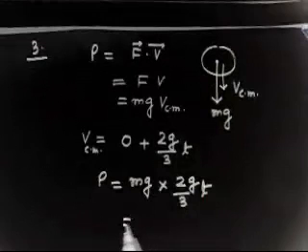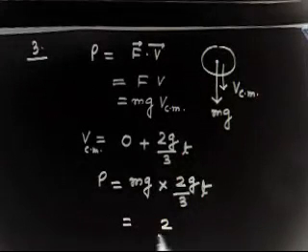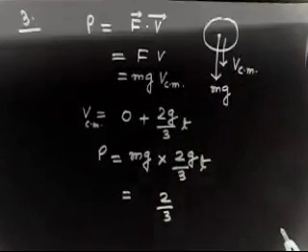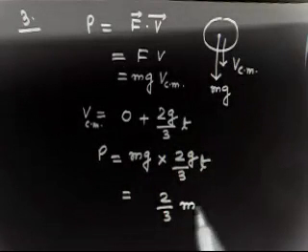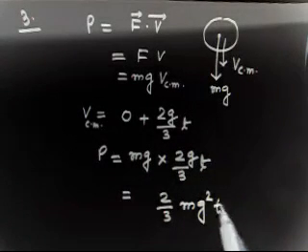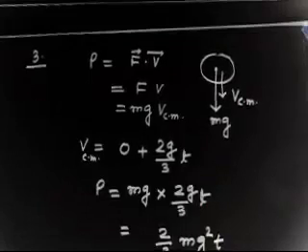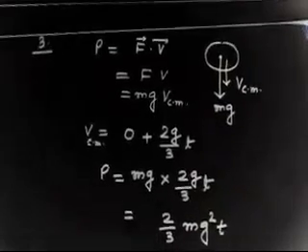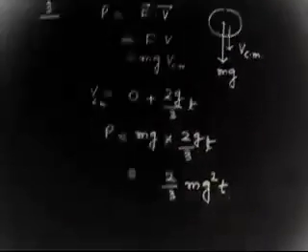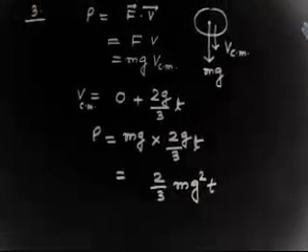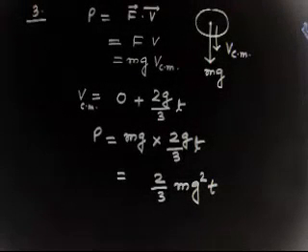So you will have 2 by 3 m g square t. So this is the power generated by the gravitational force.